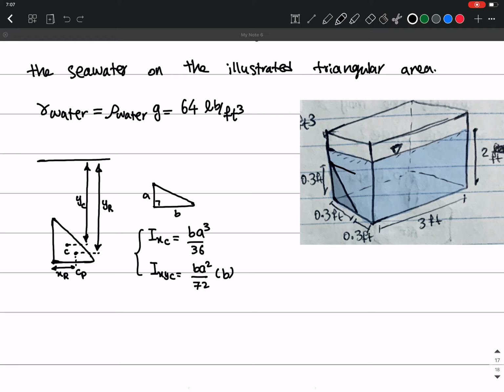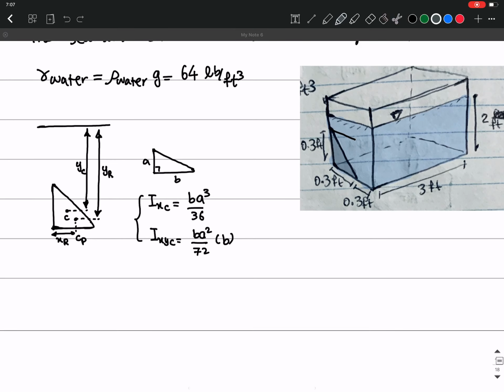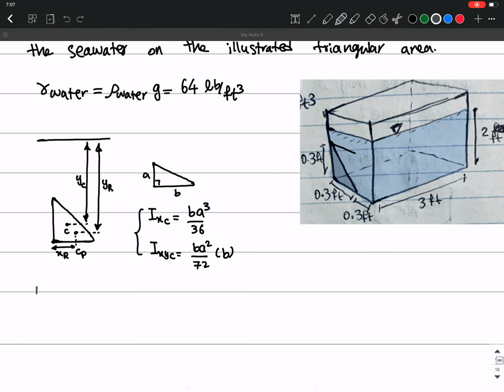So now let's first find the magnitude of this force, and then we are going to find the location of that. So the magnitude, as I said, is going to be gamma of water, right? This is water, so it's going to be gamma water times h_c times A. So what is h_c? h_c is going to be the centroid.